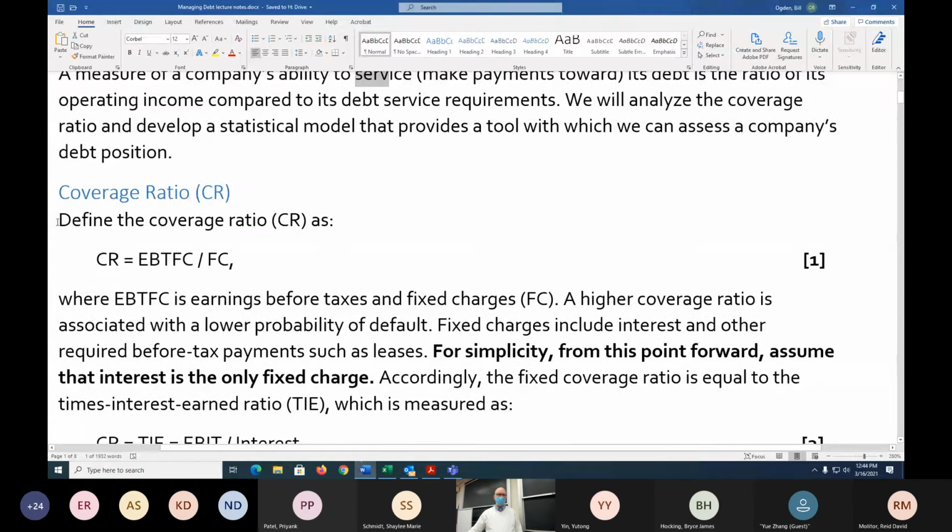So we'll be working with something called the coverage ratio, and we're going to simplify this greatly. The coverage ratio is the earnings before taxes and fixed charges divided by fixed charges. Okay, we can complicate this to no end.